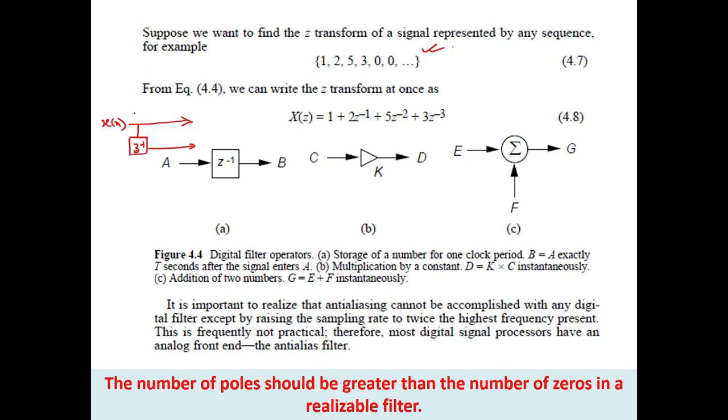The first signal is going in this direction, xn directly to the output. Say for example, my output is A. The second one, xn through z inverse, and then we get the output, say B.